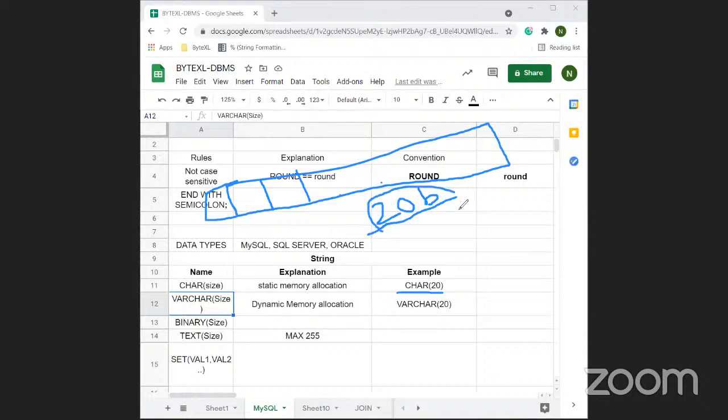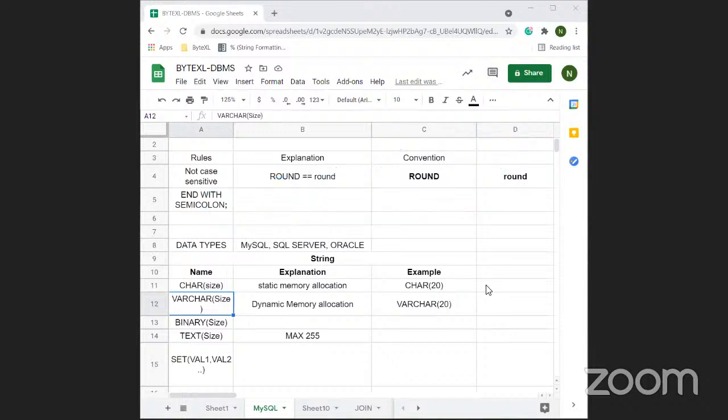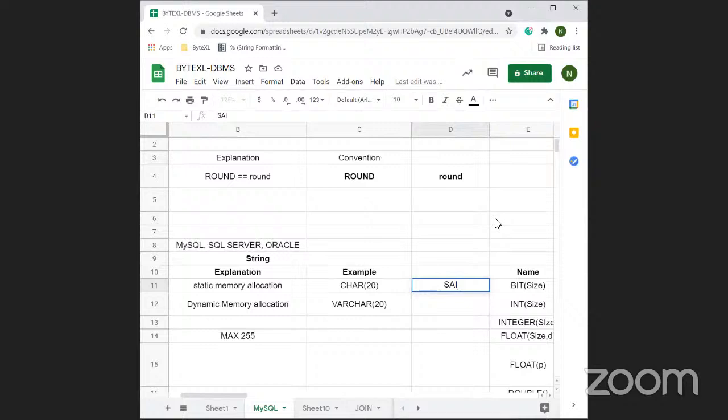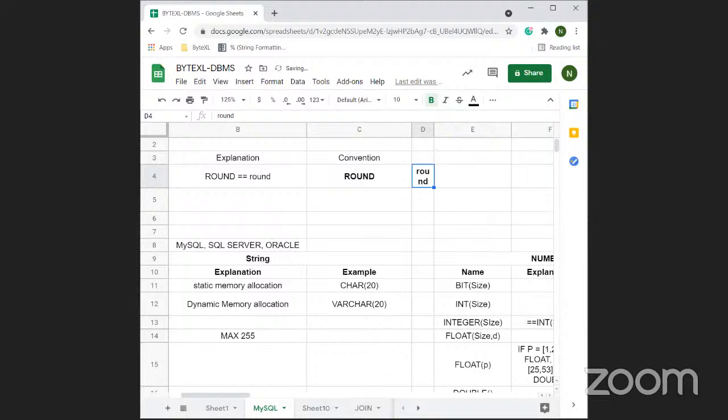So 20 bytes is fixed. Even if I am storing a very small name, for example, a name like Sai, which contains only 3 letters, it should occupy only 3 bytes of memory.